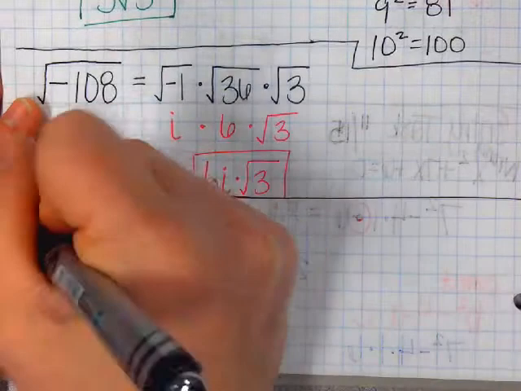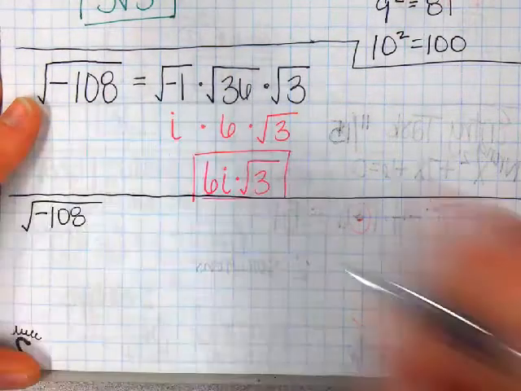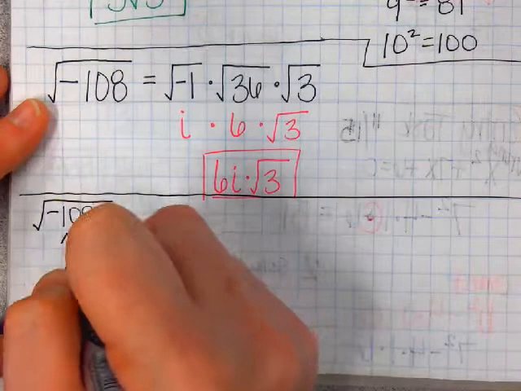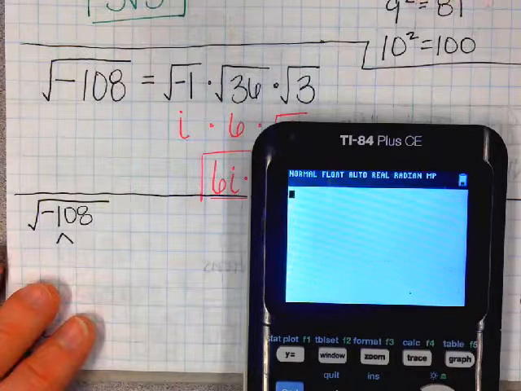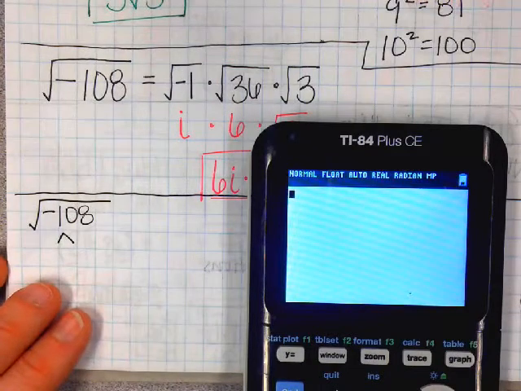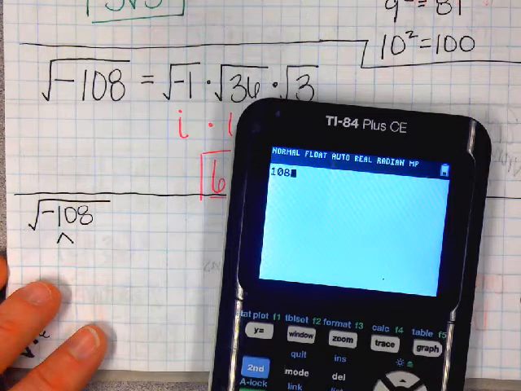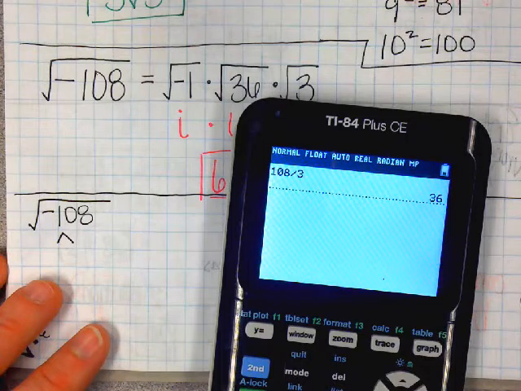Okay, I'm going to go ahead and do the factor tree. Again, you guys know I don't care which way you do it as long as you get the right answer. So I'm going to do the factor tree, and then you decide which way you like better. So 108 divided by, well, it ends in an 8, so 8 will probably go into it. 4 will probably go into it. It doesn't matter.